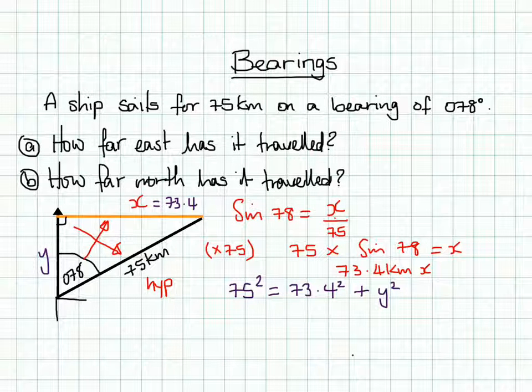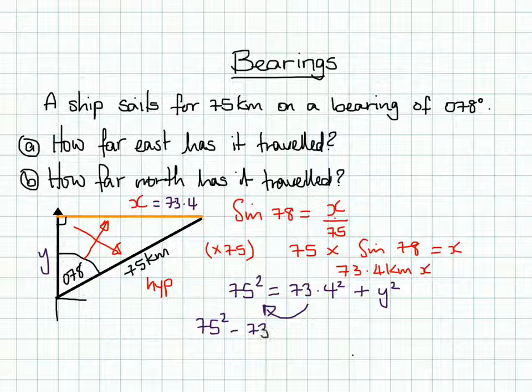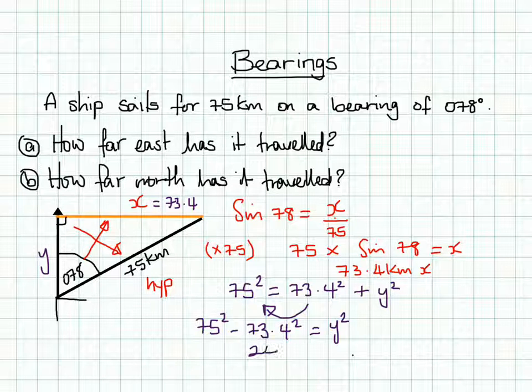Now I need to find y. I will bring this over to that other side, doing inverse operation, which will now give me 75 squared minus 73.4 squared is equal to y squared. A quick bit of working out gives us 243.2, which we will need to square root in order to find y.